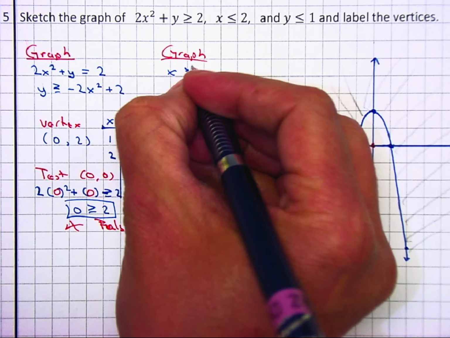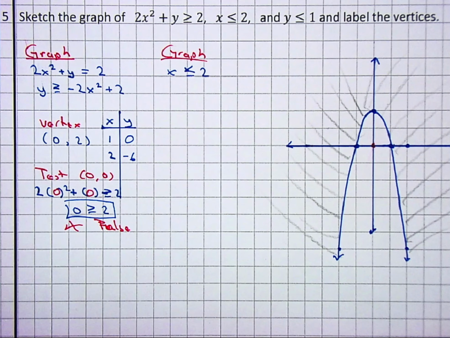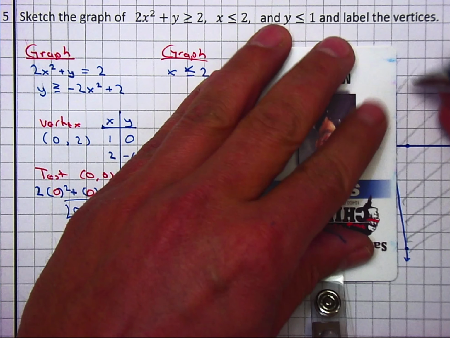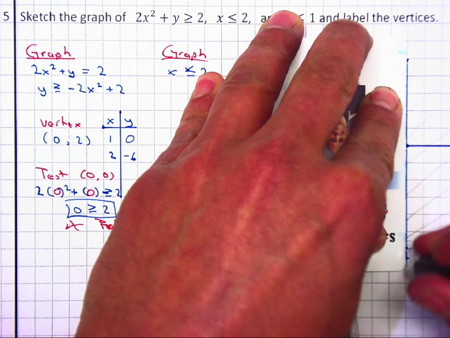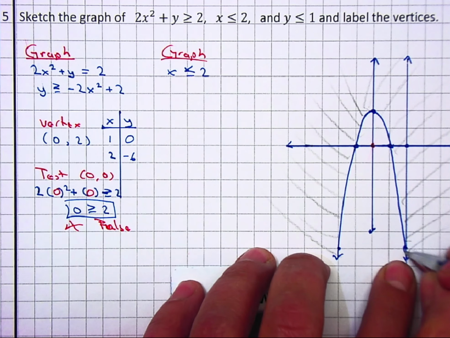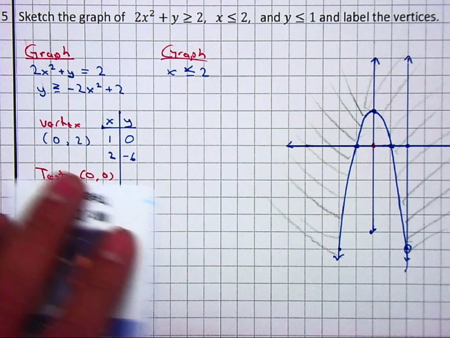x is less than or equal to 2. It's going to be a solid line, in this case a vertical line. And you guys can see that this is your intersection. I'm going to test the point (0, 0).